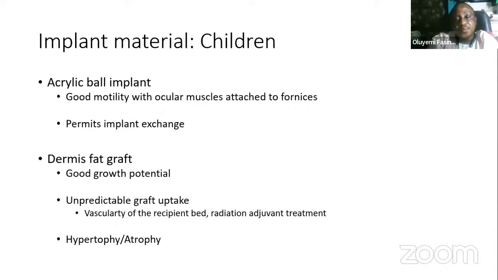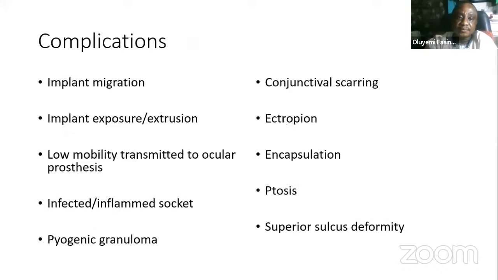However, there's an unpredictable graft uptake because for it to take, the vascularity of the recipient bed must be good. More so if a patient is going to have adjuvant radiation therapy, it can result in necrosis of the implanted dermis fat graft. And of course, there could be hypertrophy. Folliculitis is just one of the drawbacks of using dermis fat grafts in children.